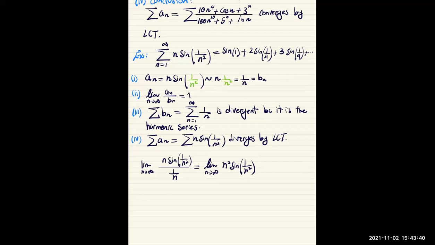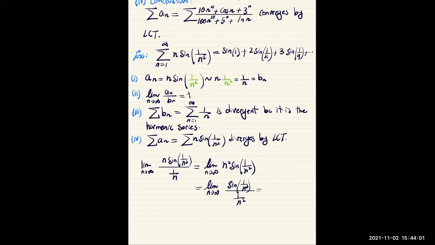How do you write it as a fraction? Remember, we can write products as fractions. I could write that as sine of 1 over n squared divided by 1 over n squared. Just divide by the reciprocal of that. And now you do L'Hopital's rule.